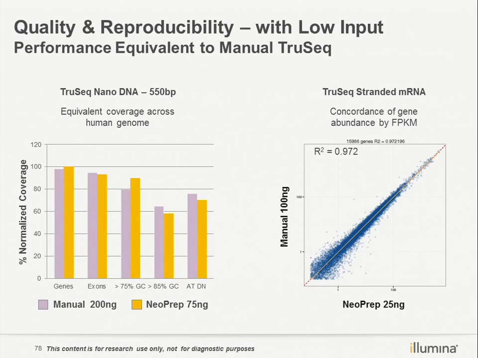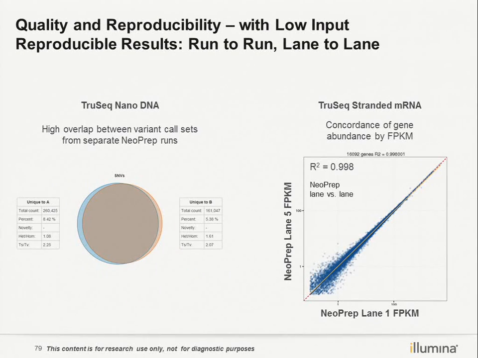This time we only use 25 nanogram, and they showed very reproducible results. With the NeoPrep itself, we would like to compare the reproducibility round to round and lane to lane. This is round to round, very good concordance. And lane to lane, using two lanes, the same sample shows a linearity close to 0.998, so very reproducible.